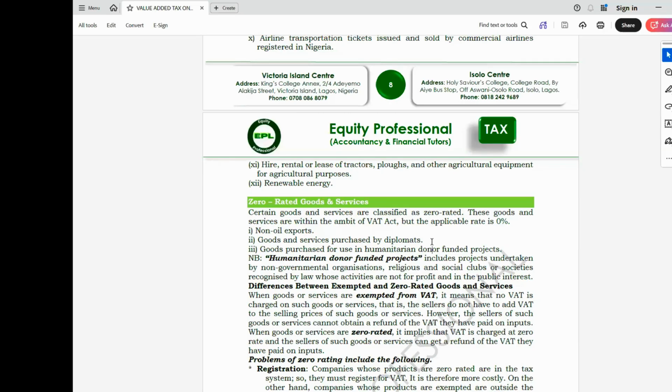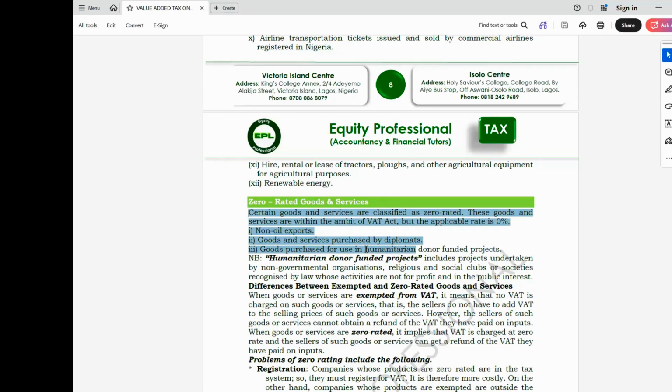They are items provided by international organizations or other organizations that are not for profit making, but only meant for public interest. So those are the items that are zero rated.